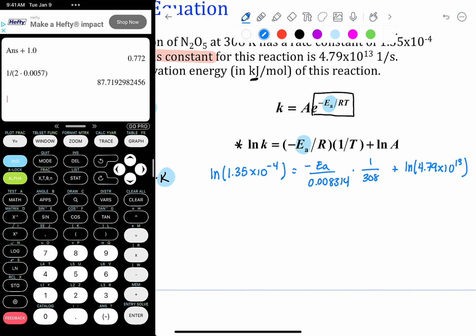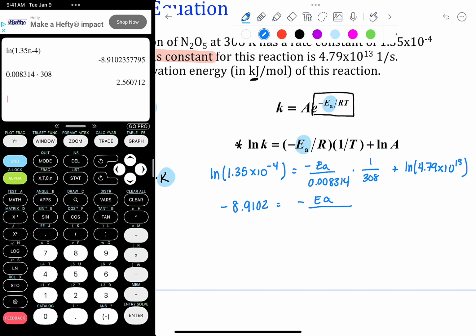Let's start by simplifying. We have our natural logs that we can solve for, so natural log of 1.35 times 10 to the minus 4. We get negative 8.9102, which is equal to negative EA over 0.008314 times our temperature, 308.